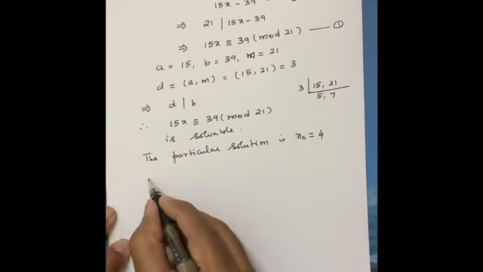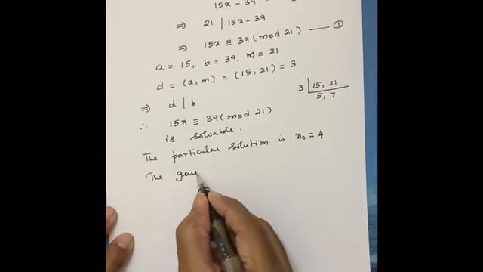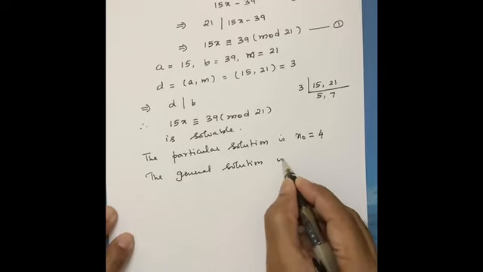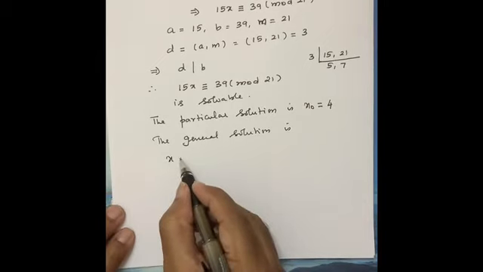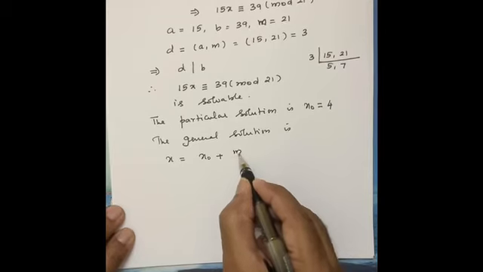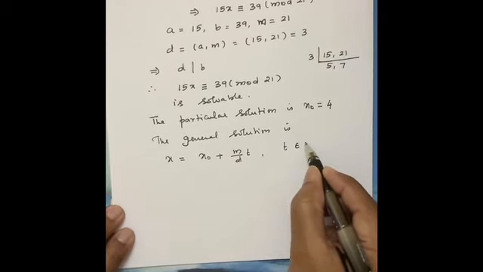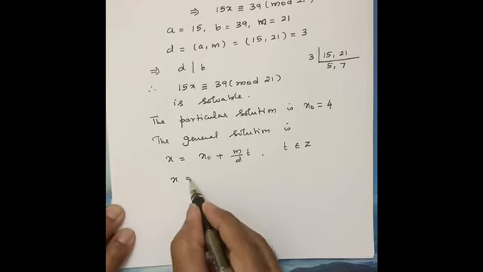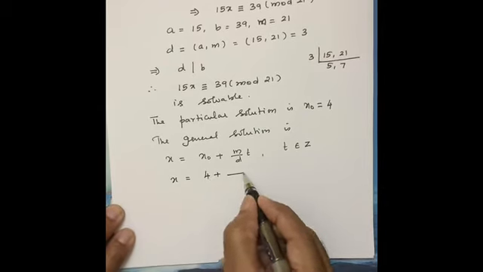Now what is the general solution? The general solution is x equal to x naught plus m by d times t, t belongs to Z. So x equal to the x naught value, x naught is 4, plus m by d times t.